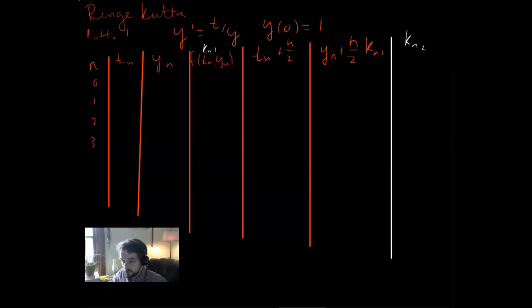So start out with our initial value. So t is 0, y is 1. And what we need to be given here is a step size. So let's say h is 0.1.